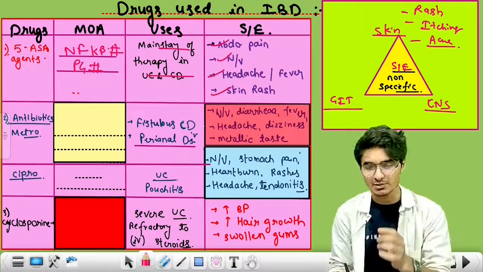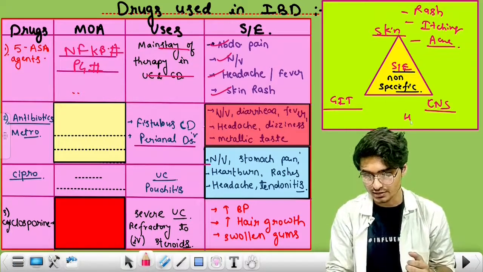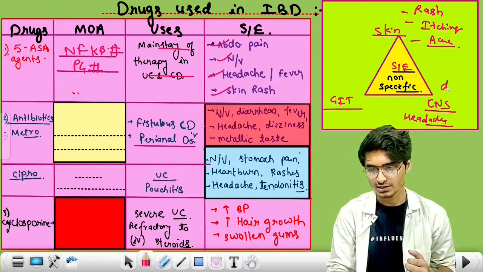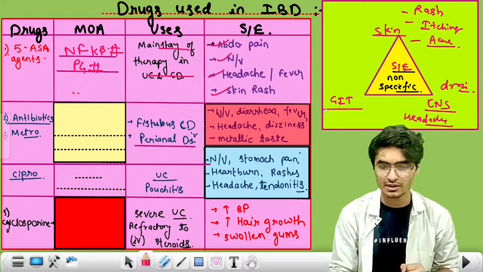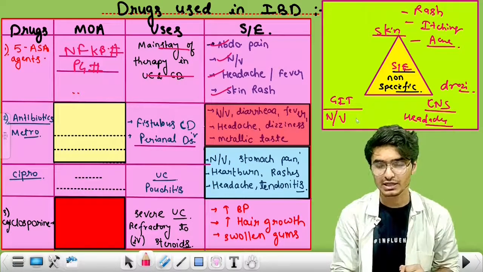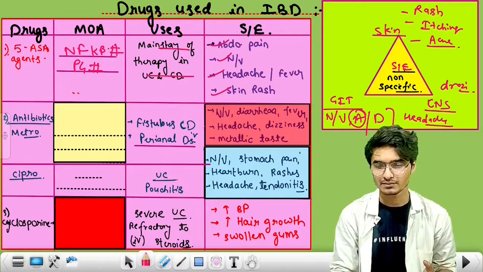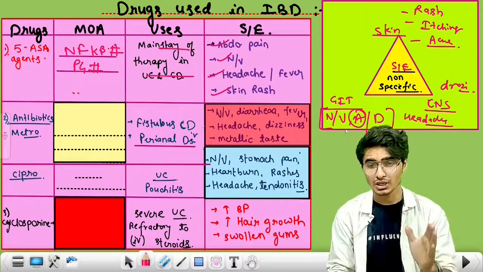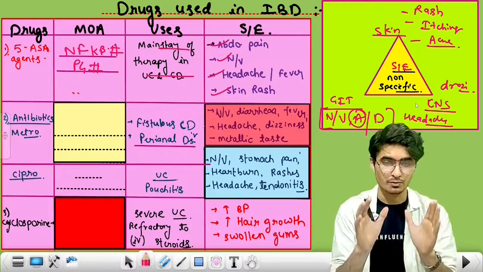Subsequently the CNS involvement, in which headache and drowsiness are more common. And when the GIT is involved, there is increased risk of nausea and vomiting, anorexia and diarrhea. So these are non-specific side effects with respect to the GIT, CNS and skin. This is the whole picture of side effects.